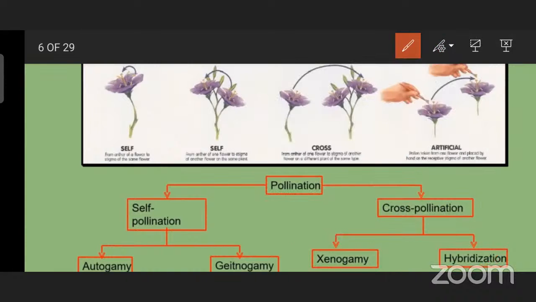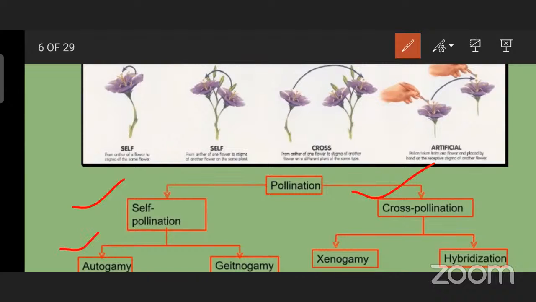Okay students, do you understand? Pollination is the transfer of pollen grains from anther to stigma of the same flower or a different flower. Pollination is of two types, first self-pollination and second cross-pollination.